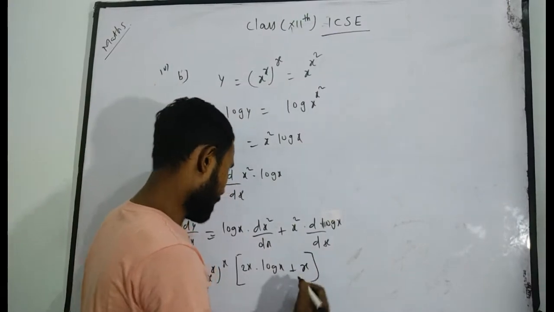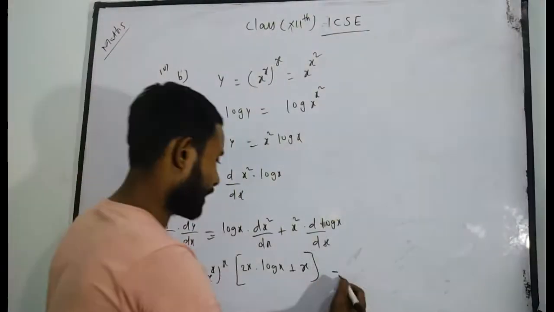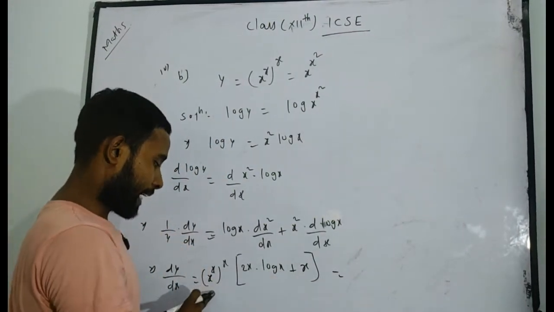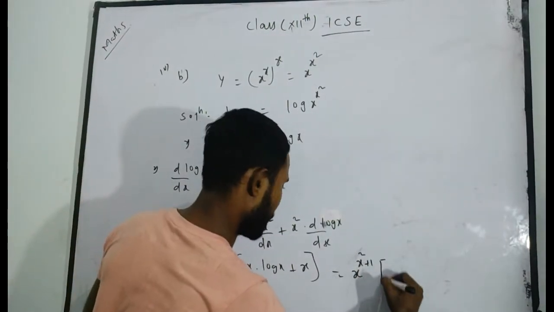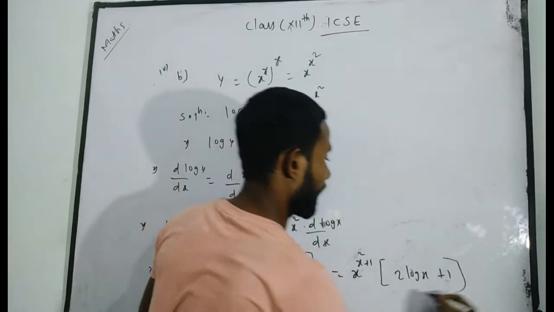So you can again take a common factor out of it. If you take x common, you will get x to the power x square, into x times (2 log x plus 1).